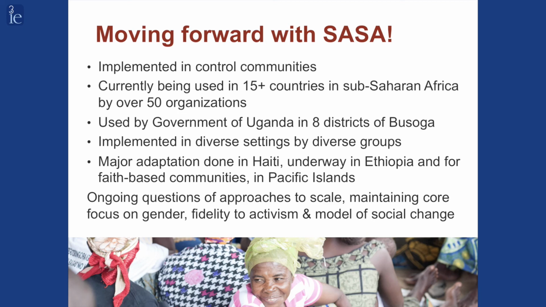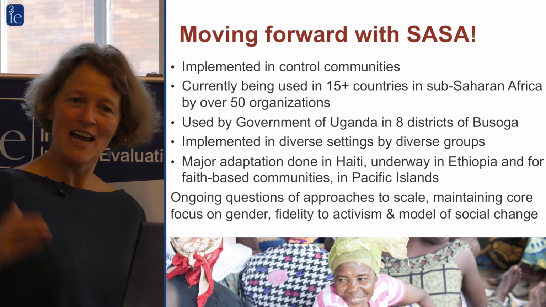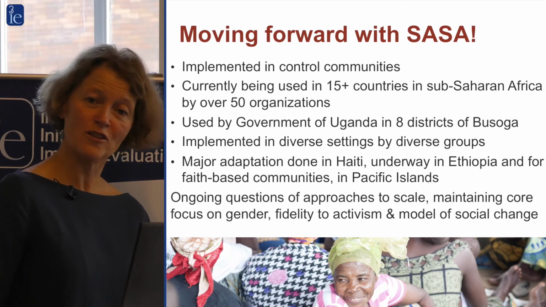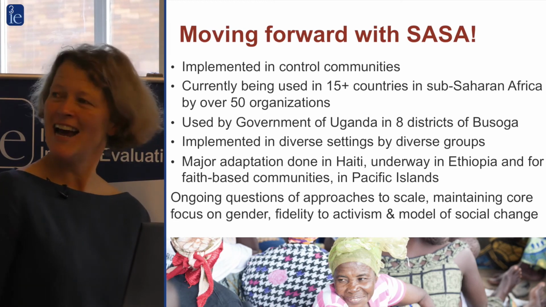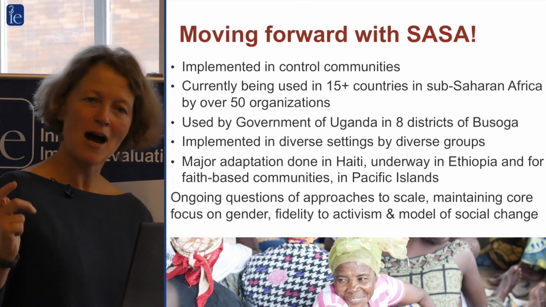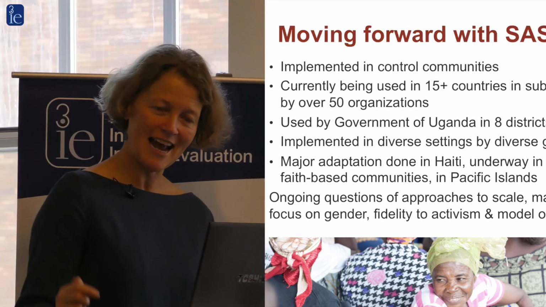How do you capture that element of social mobilization and change at a large scale? If you're taking an intervention to different settings, how do you ensure the core focus on gender and power inequalities? How do you ensure sufficient fidelity, and capture the essence of activism and social change that the intervention delivers, but don't let that be a limit to innovation and testing new approaches?